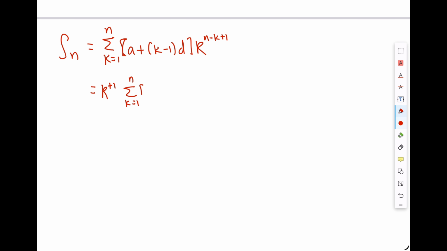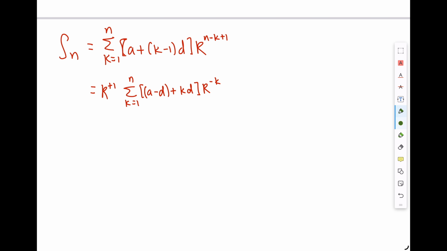And then I have a term of (A minus D) plus kD, times R to the power negative k. So I throw everything else away and I just need to concentrate on this term.